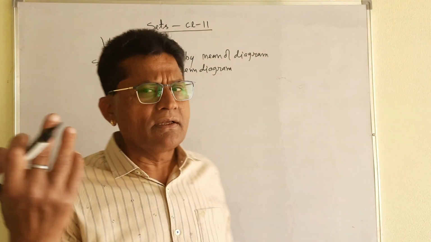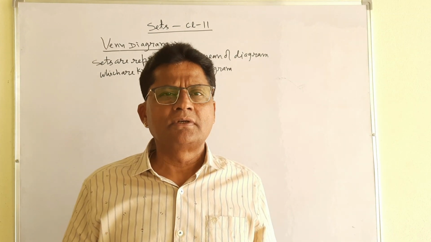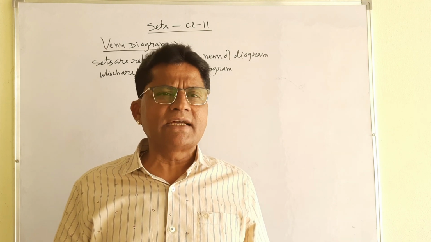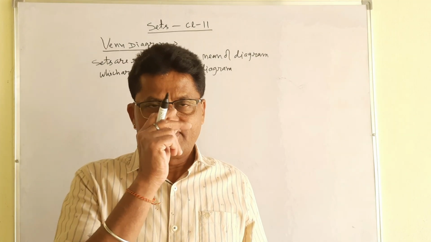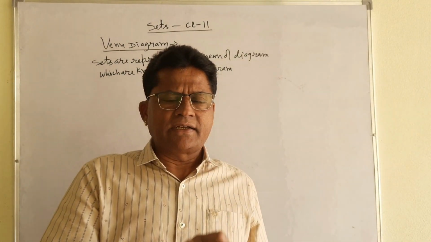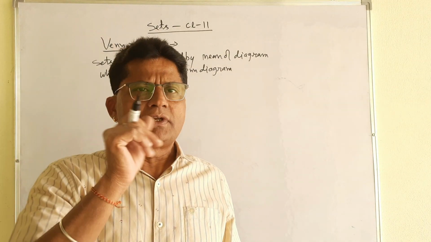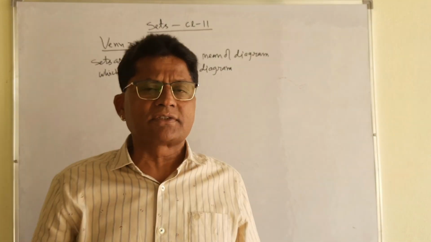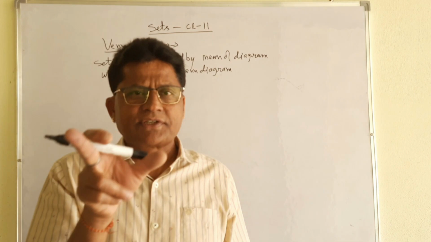A Venn diagram is a diagram in which you take sets, and all the sets are represented by the diagram. One thing I am telling you, universal set: it means all the elements. Think about the universe, everything is under the universe.